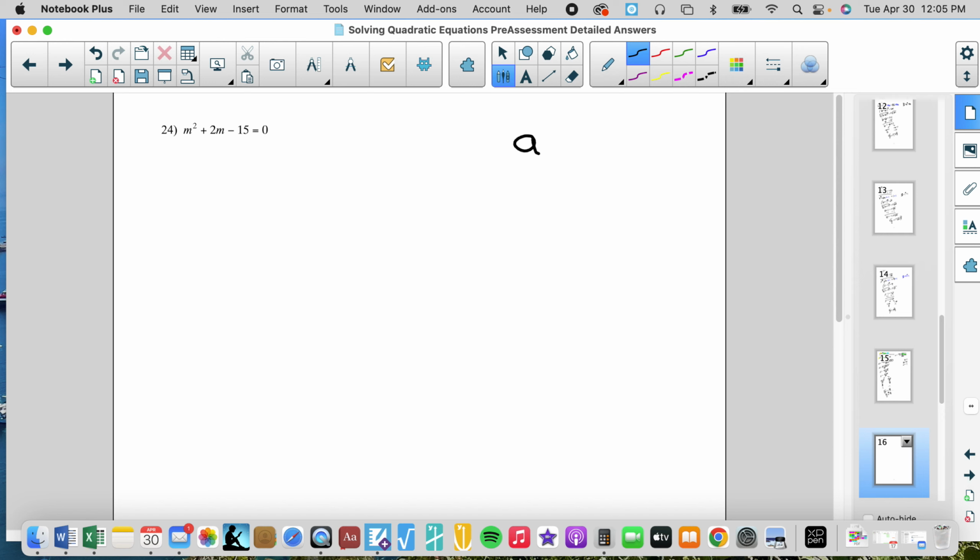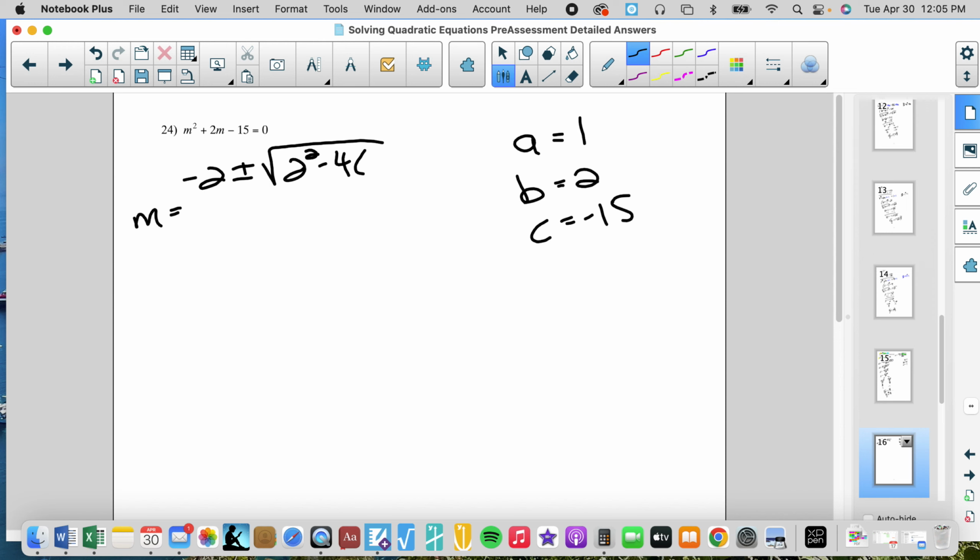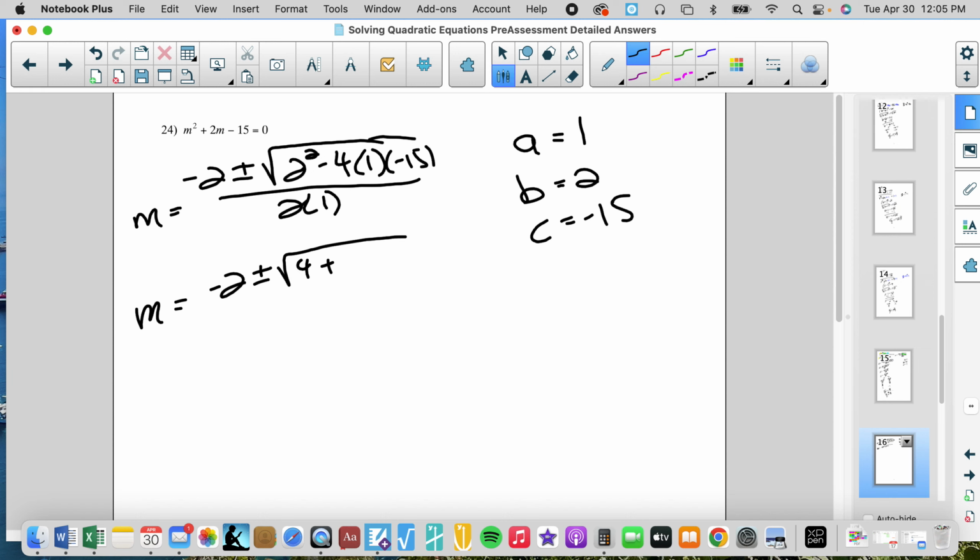A equals 1, B equals 2, C equals negative 15. And this is M, so we could say M equals whatever the variable is. Opposite of B, plus or minus square root of B squared minus 4 times A times C all over 2A. Negative 2 plus or minus square root of 4 plus 60 all over 2.